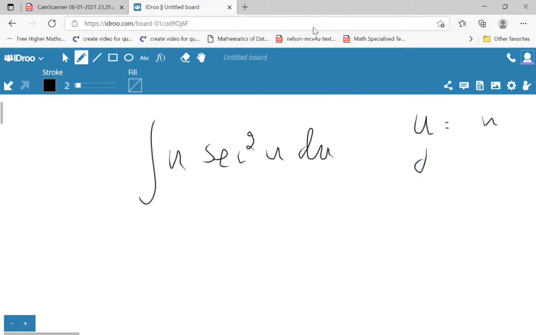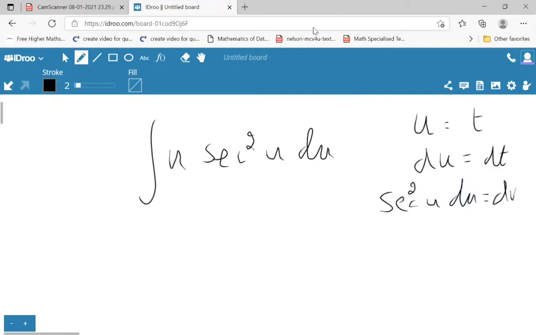So to avoid confusion, let me take it as t. So let u be t. So differentiating on both sides, I'll get du is equal to dt. And secant squared u du is equal to dv.